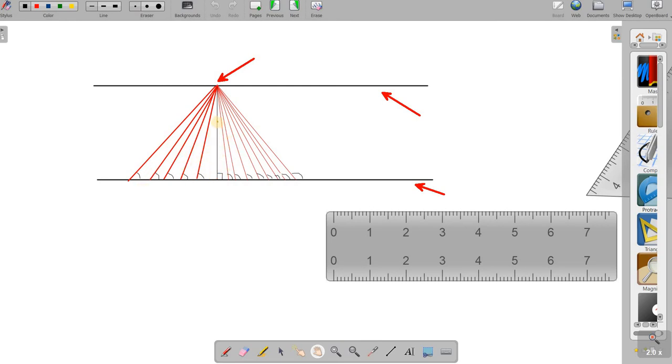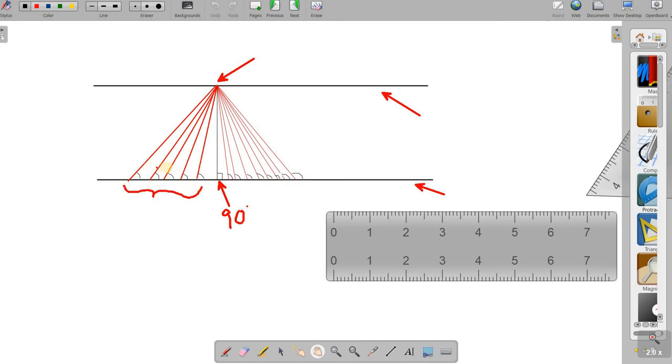Only one line is making an angle of 90 degree here. This is making an angle of 90 degree with the other line. All other lines are acute angles.